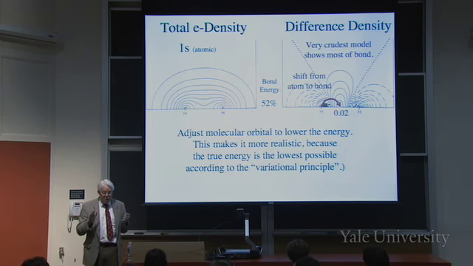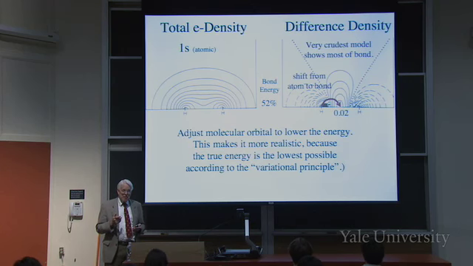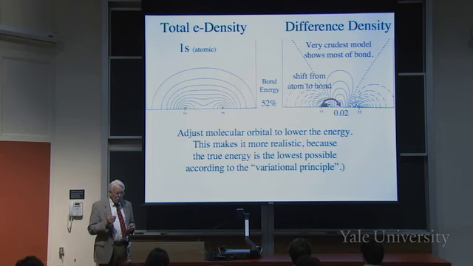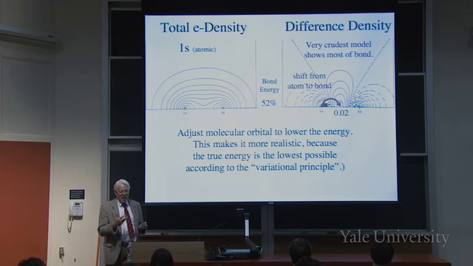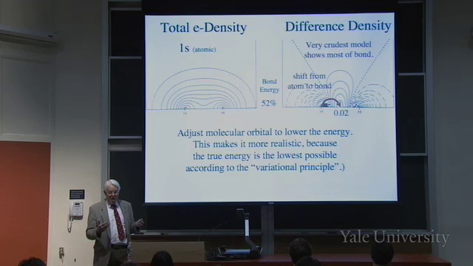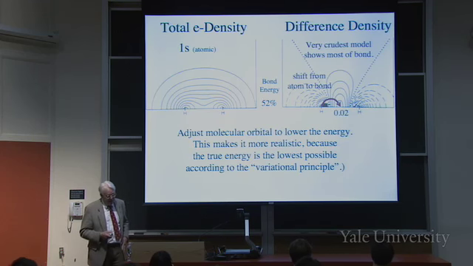But if you get the lowest average energy, then that is, by definition almost, more realistic, because you can easily prove that the true energy is the lowest possible energy. That makes a certain amount of sense. The lowest possible calculated energy is the true energy. So if you change your wave function and get a lower average energy, you're closer to the truth. Okay? That's called the variational principle.